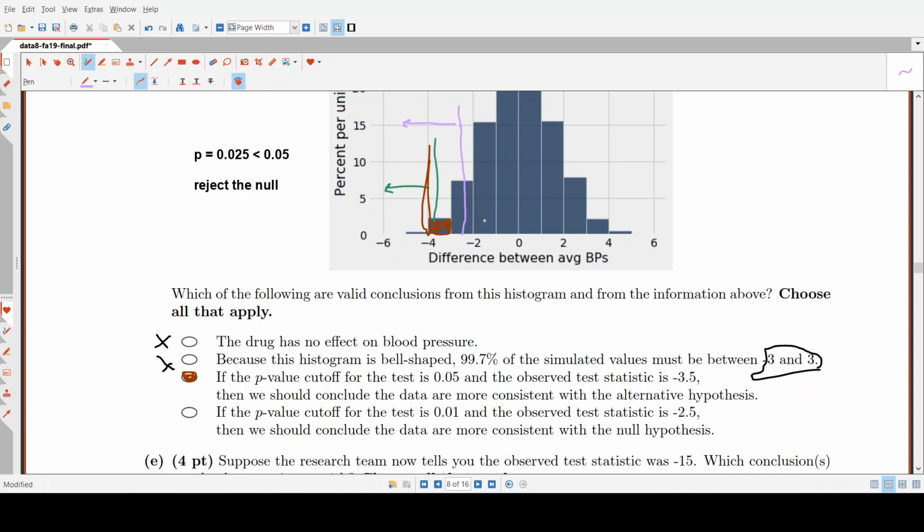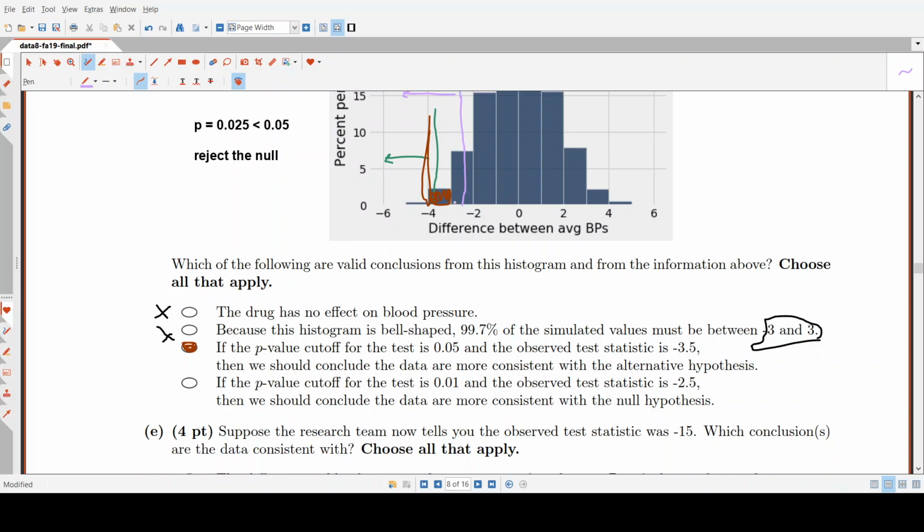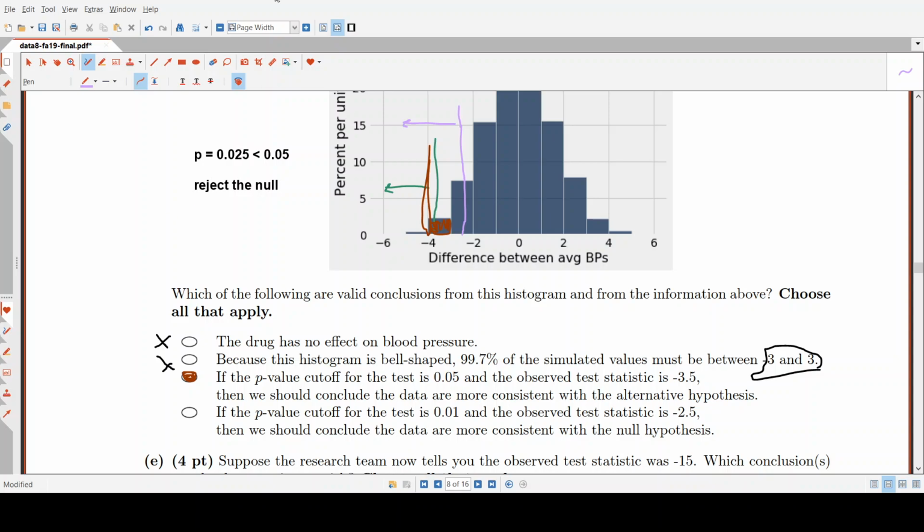And this time we don't really need to bother calculating how much area is in this bar, because it's very clearly more than 1% of all the data. So we would say that in this one, P is greater than 0.01, and that means do not reject the null. And so we would say that in this case, the data are more consistent with the null hypothesis. So this would be a valid conclusion right here. So our answer is these two.